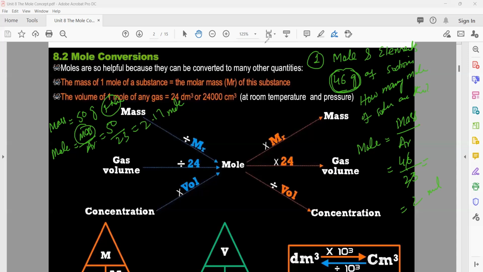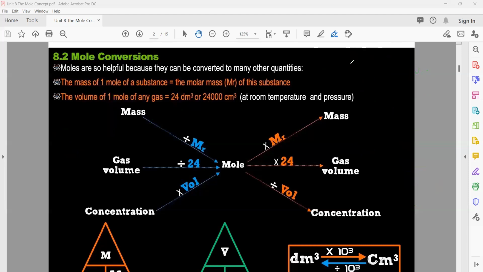Now, if they will ask differently, for example, they'll say there are 3 moles of carbon. Find mass. What is the formula we're using before? Mole equal to mass over AR.